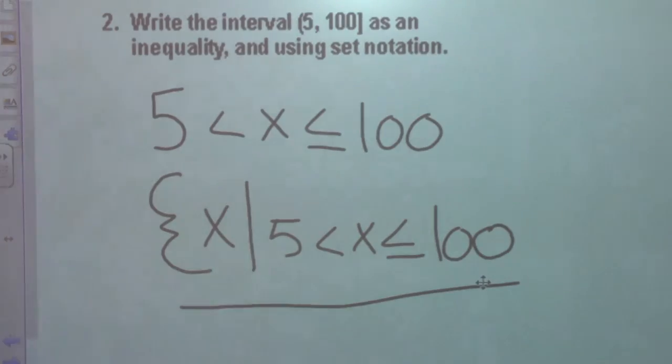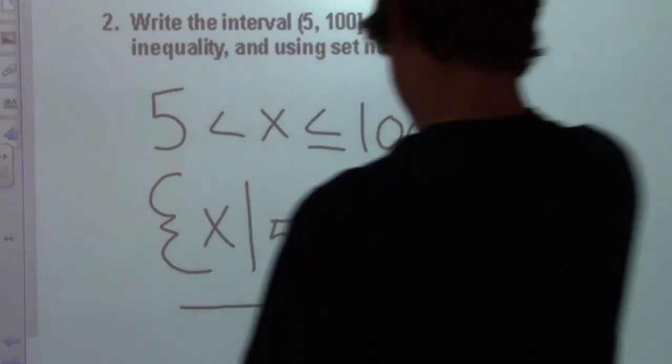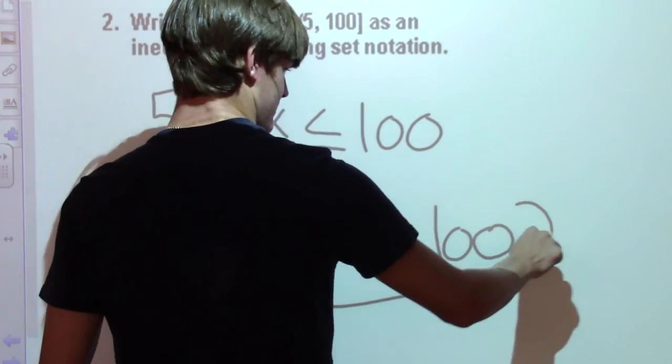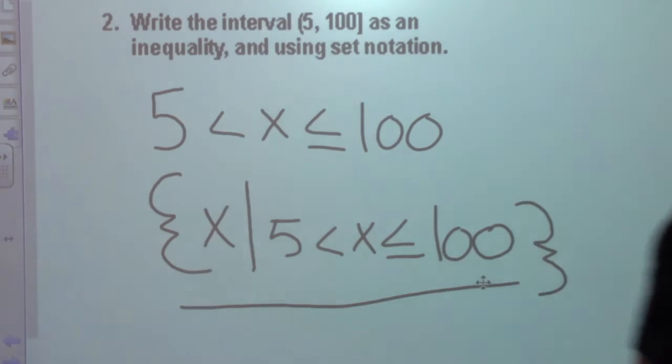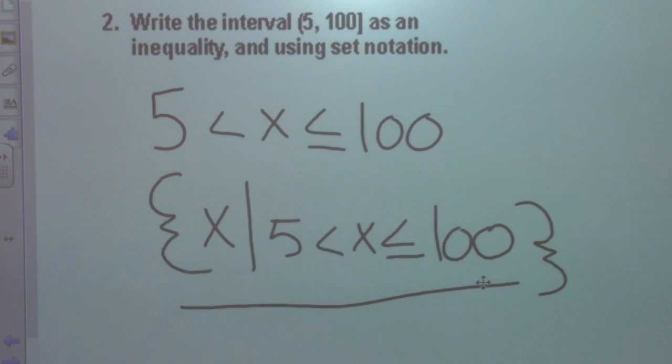Look how good Aiden. You forgot the last back brace. Does that look right? You forgot the set notation. That is set. There's only 2 of them. It only says 2. You got this. Already in it.